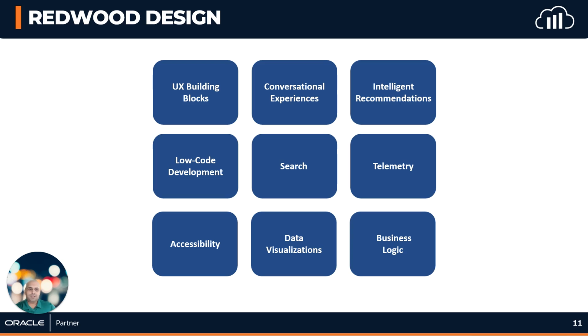Customers building applications want to keep their data in the system of record, protected by all of the security and rules in auditing and compliance. And that's what the Redwood design system is providing. You get access to all of your Oracle business objects, whether that's through a Fusion application that you are extending or your custom application that you are building. That gives you access to all of the built-in business objects or custom ones that you have extended.